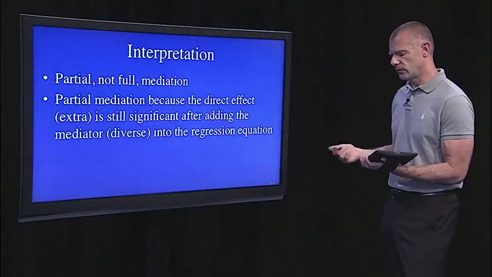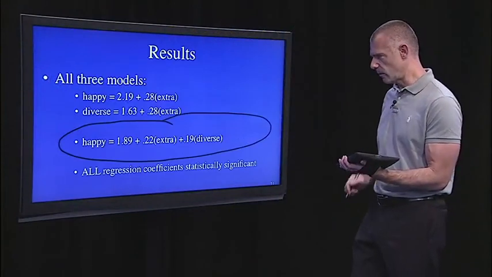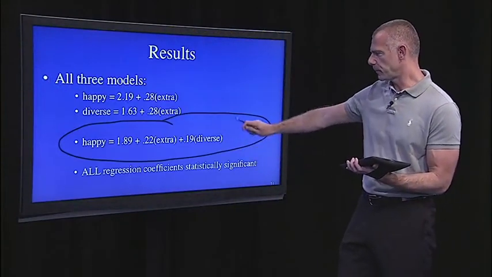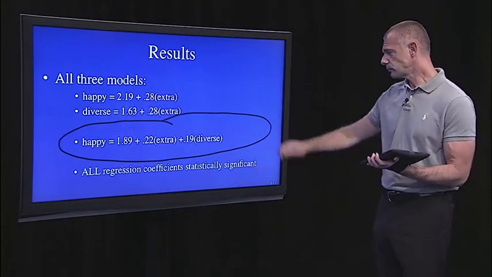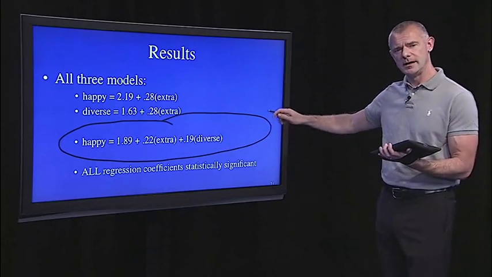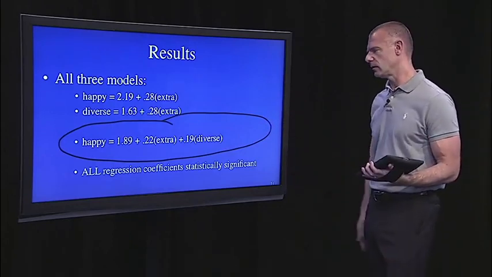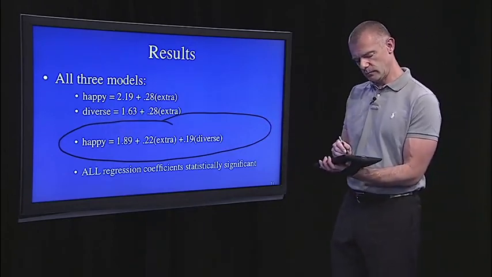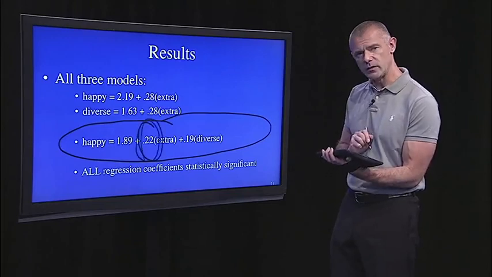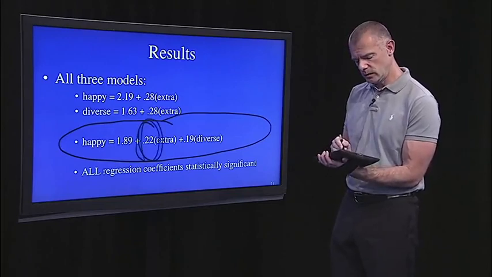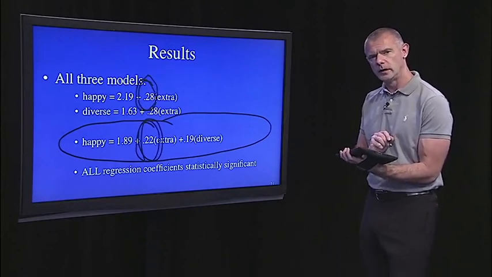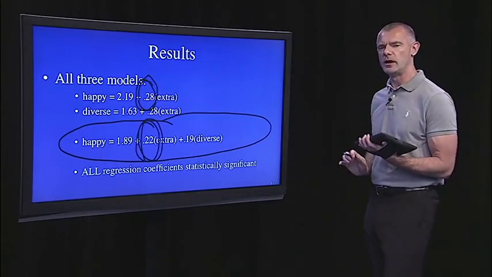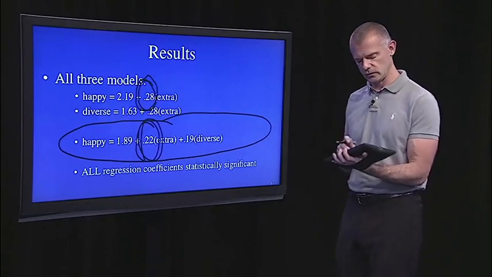So the interpretation of this result is, if I go back to the equation, extroversion and happiness are positively correlated. Diversity of life experience only partially mediates that relationship, because this value here, 0.22, only dropped a little bit from 0.28. If it had dropped to 0, that would have been evidence of full mediation.